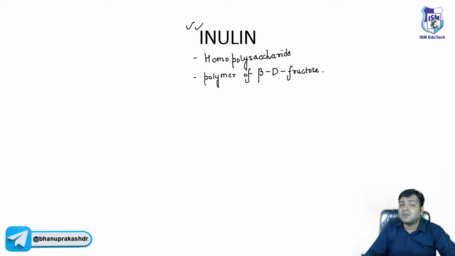D fructose, L fructose बेटा अभी जब मैं कराऊंगा आके नेक्स्ट क्लास में आपको पूरा, yeah, we will learn D and L type. Okay, so no need to worry. Yes, polymer of beta D fructose, it is fructosan.